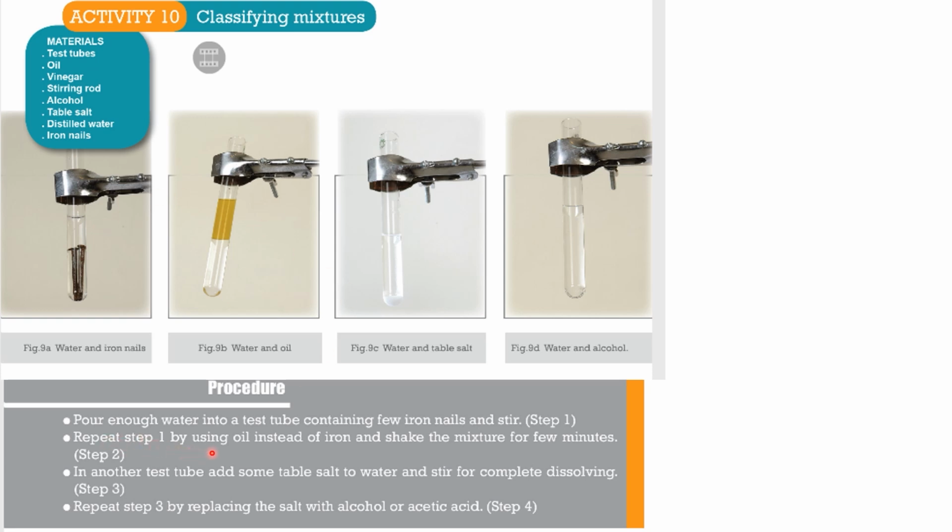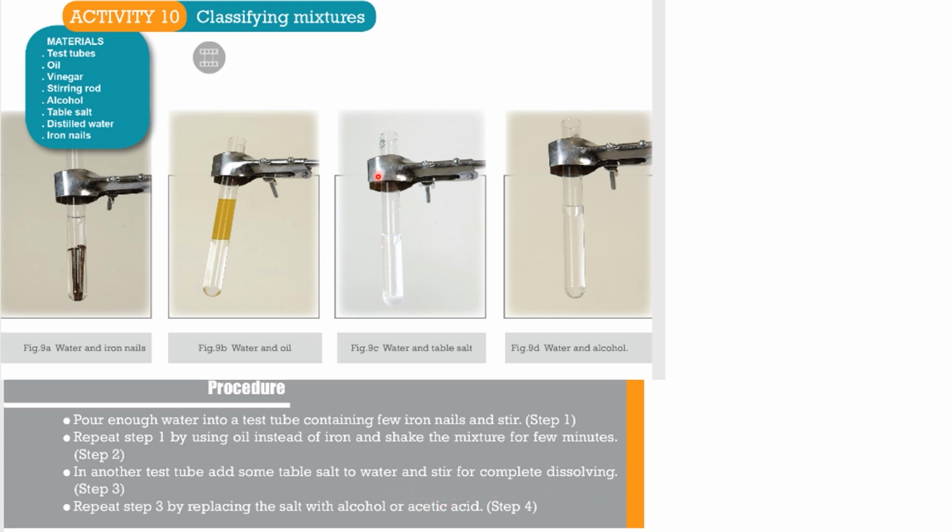Repeat step 1 by using oil instead of iron and shake the mixture for a few minutes. Here we put water and oil and we stir the mixture for a few minutes. In another test tube, add some table salt to water and stir for a complete dissolving.